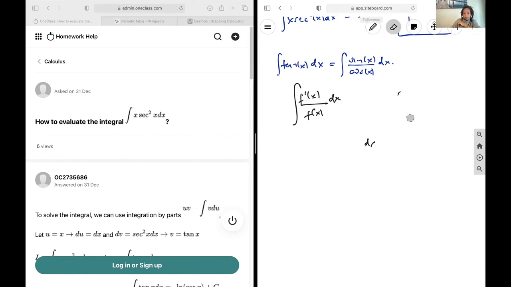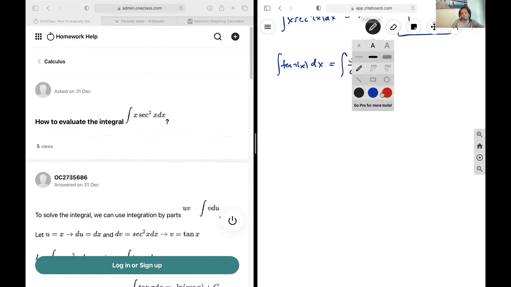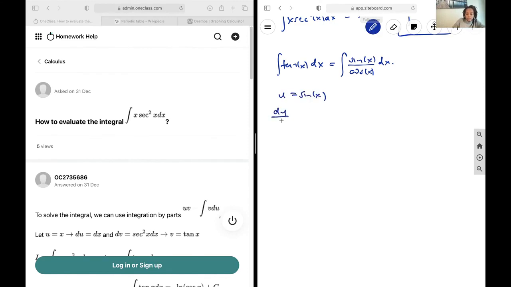And so since we know the derivative of cos x is negative sine x, we can do that here. We set u as cos x, which means that du over dx is negative sine x.